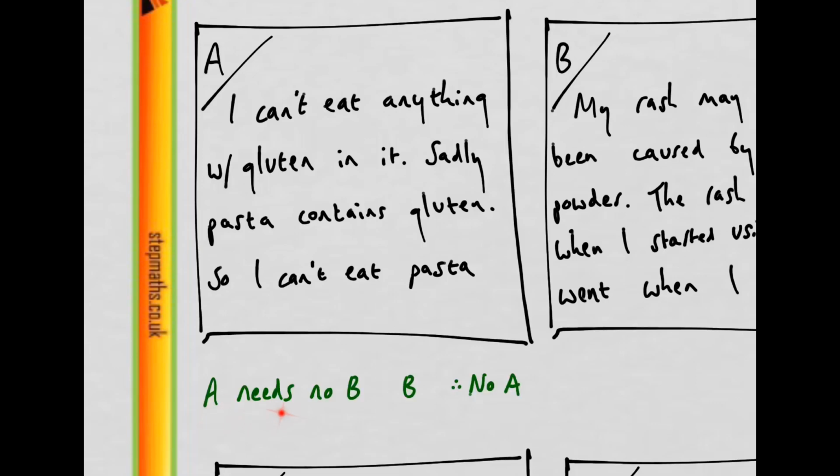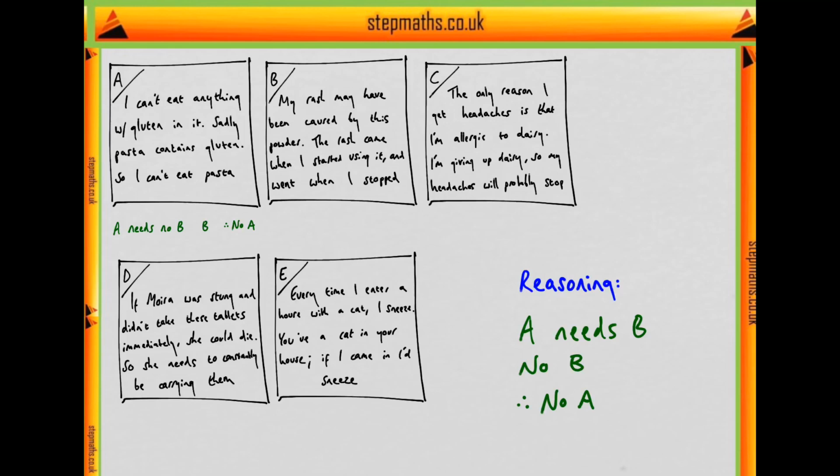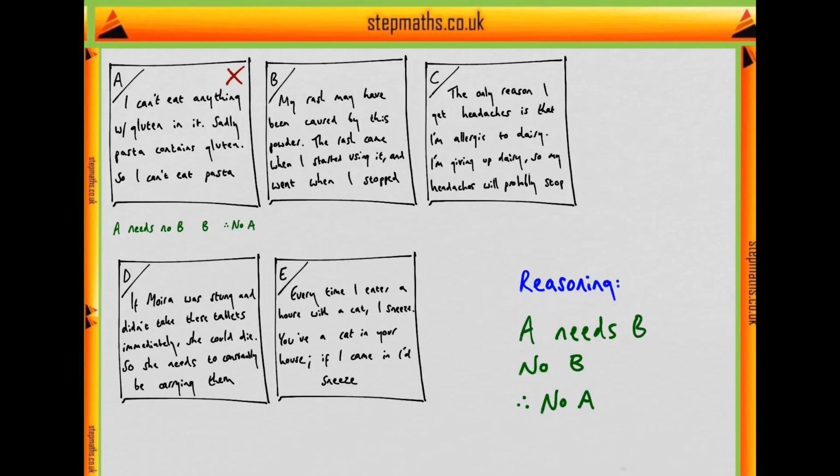A needs no B. The food I eat needs no gluten. There is gluten. Therefore, this isn't going to be the food I eat. B, therefore, no A. And if we compare this reasoning to the reasoning used in the passage, we see that it's different. So A can't be the right option.